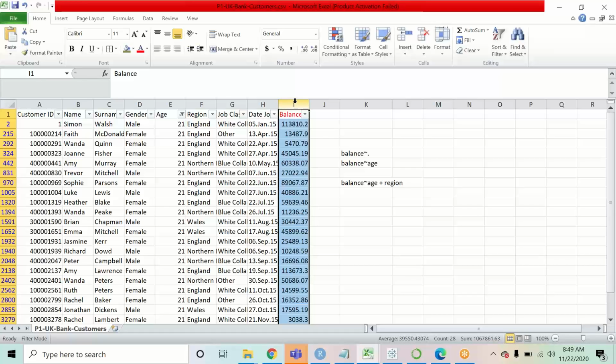Amit, Raghu here. Hello, yeah, Raghu. Amit, I have one question. For example, if you have a data set, it will have only one dependent variable. Is there any chance we'll have multiple dependent variables? Because here we have a balance. No, it can never happen. We always predict one thing.